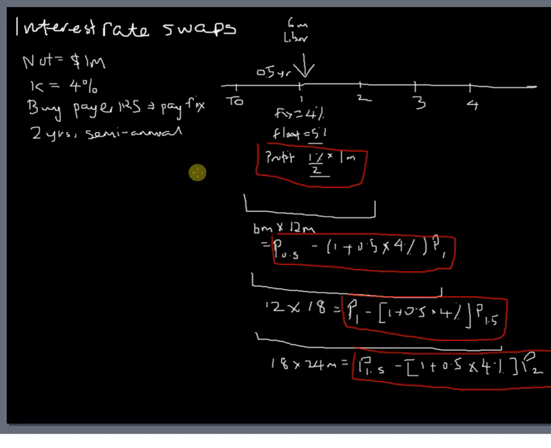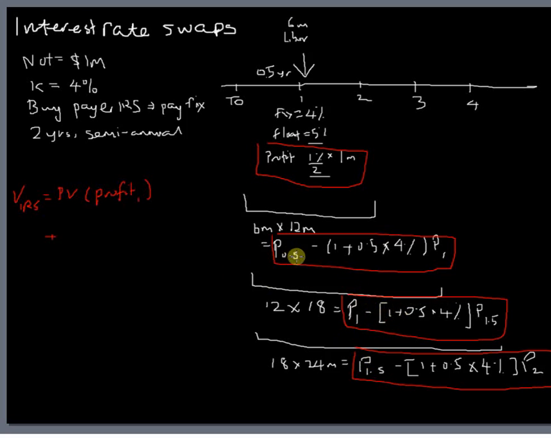Okay, so I can sum all this up, and the value of the FRA, the value of the IRS, is simply the present value of the first period profit, plus all this FRA.